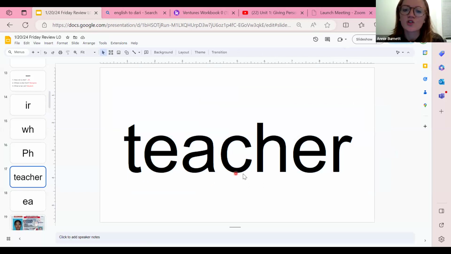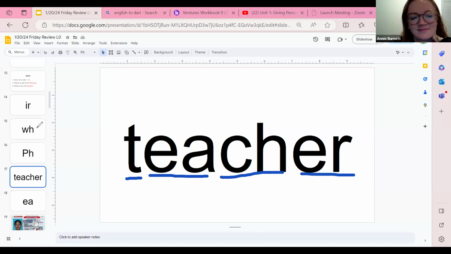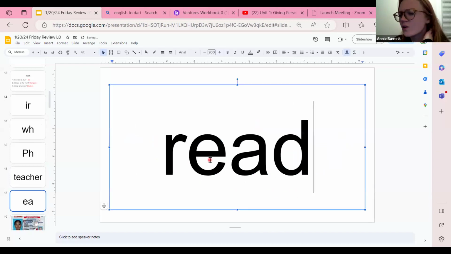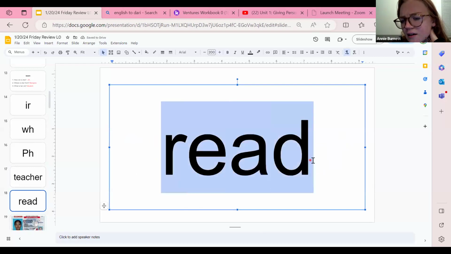E, ch, er. Teacher. What does this say? It has three sounds. What's one of them? E. Mhm. Does this say read?